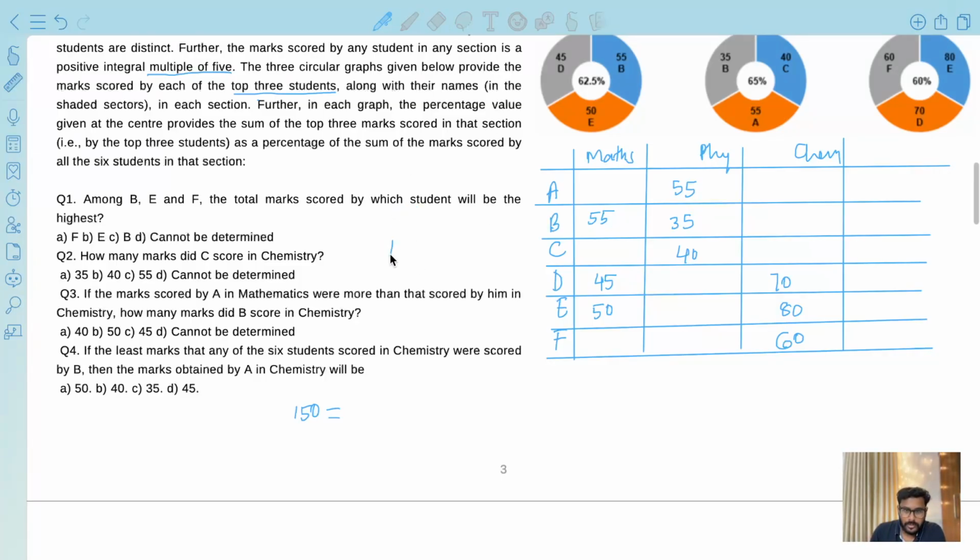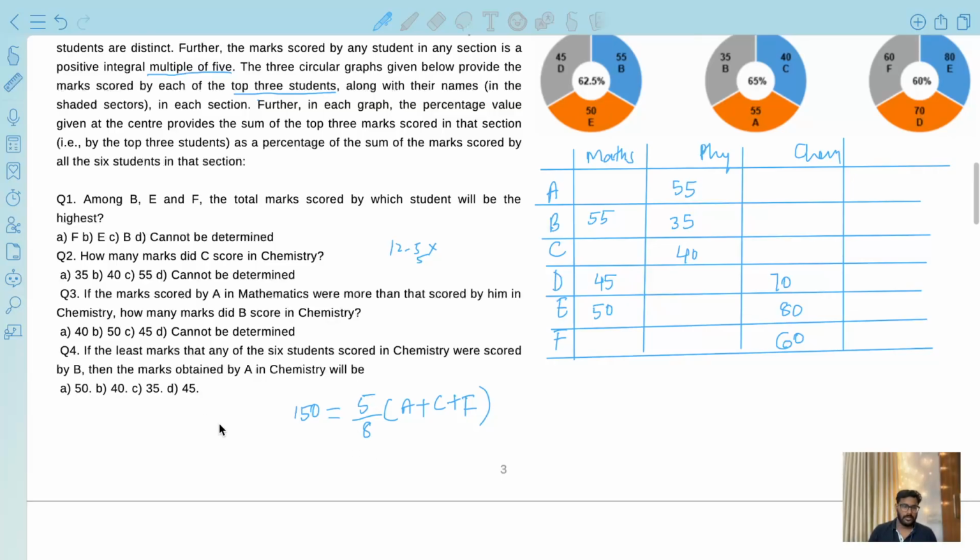So, multiple of 12.5 into 5, that is 5 by 8. 5 by 8 of who all are they? A plus C plus F. What is the sum?